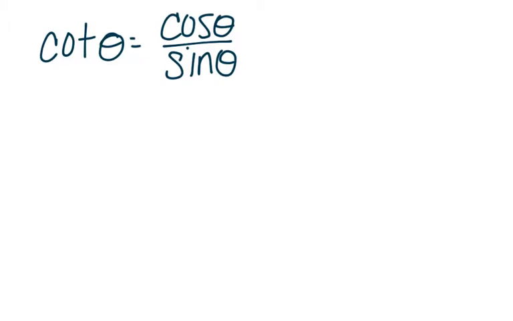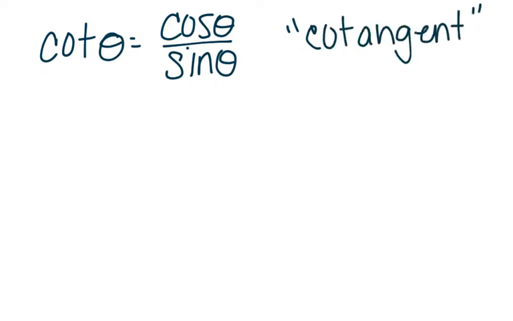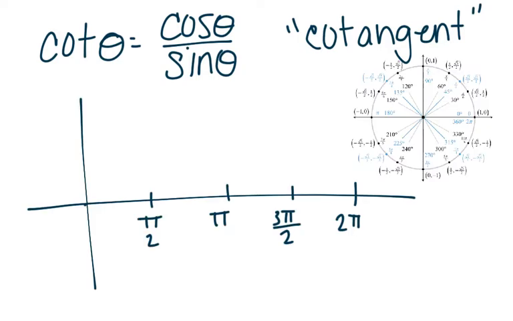We also have another ratio, it's cosine over sine, and that one is called cotangent. Using the same logic as before, I know that my cotangent function is going to be 0 wherever my cosine is 0, and that happens at pi over 2 and 3 pi over 2.